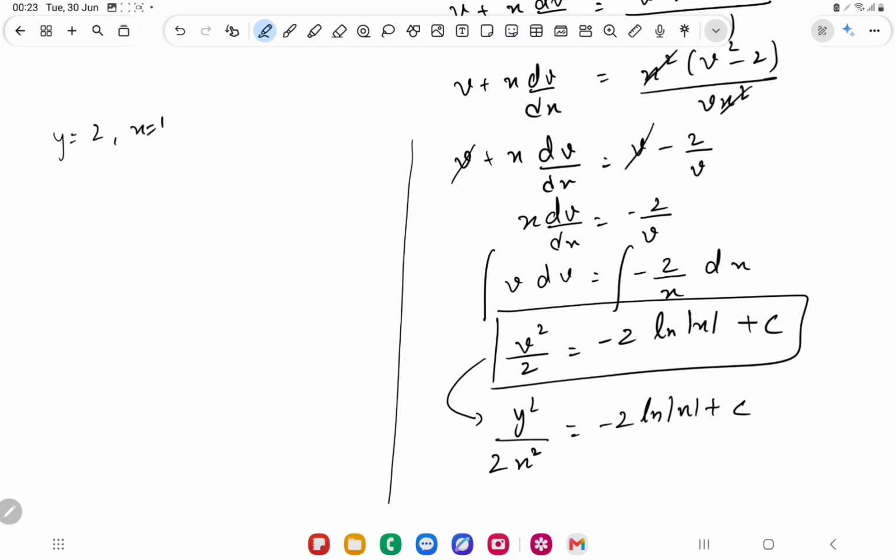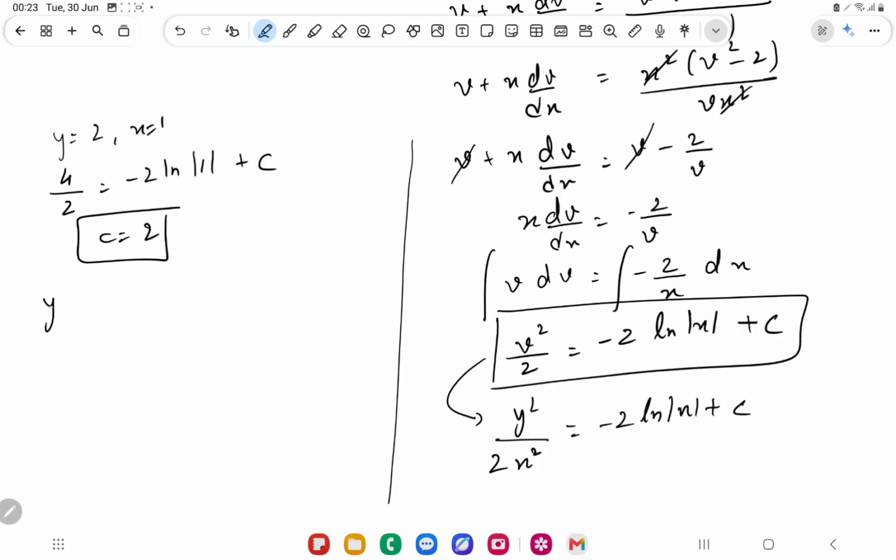Now if I substitute x as 1 and y as 2, so this will become 4 over 2, that is equals to minus 2 ln 1 plus c. So my c value will be 2 because ln 1 is nothing but 0.